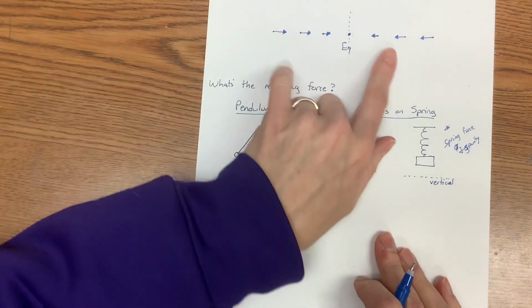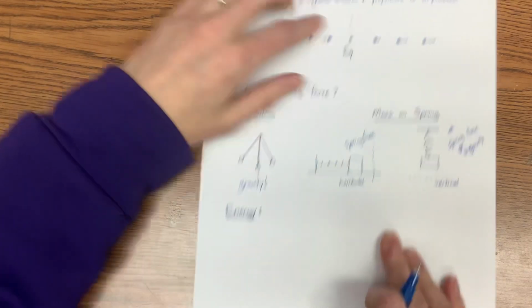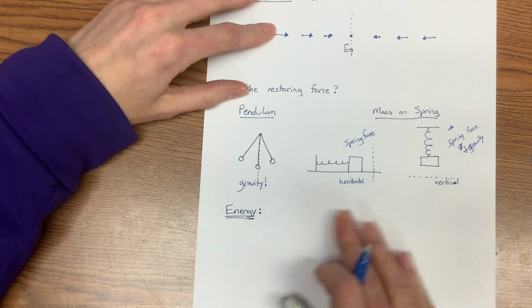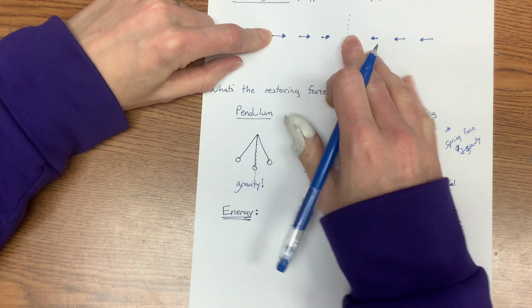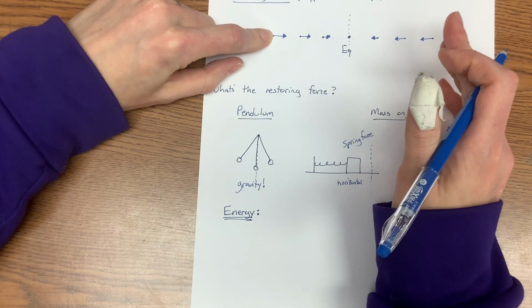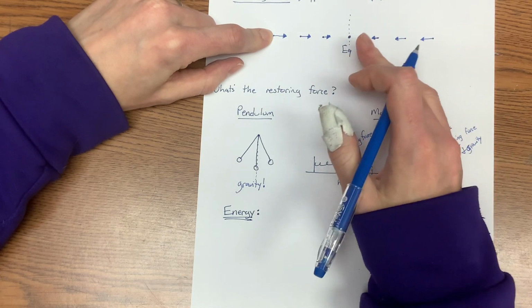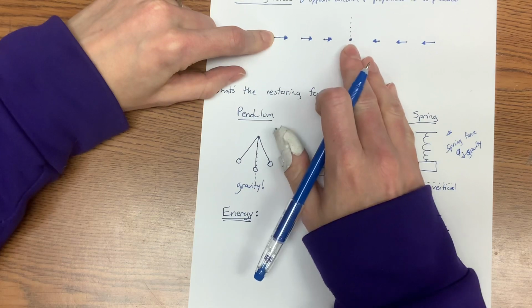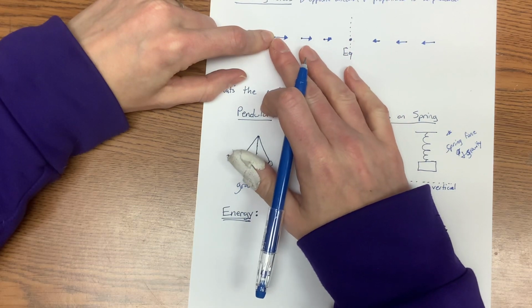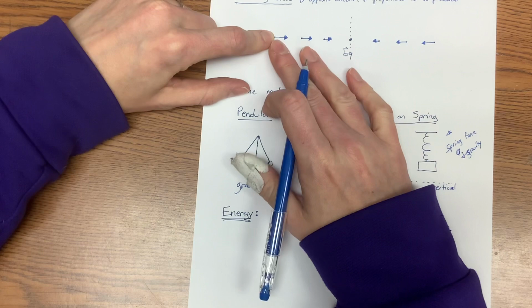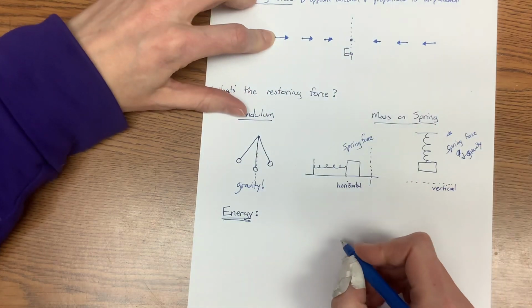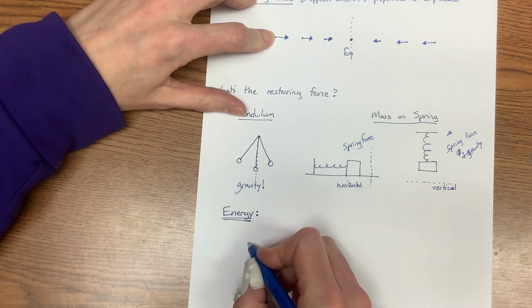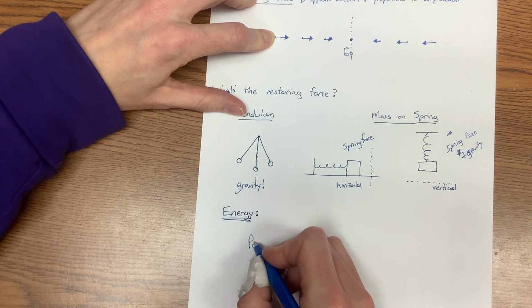So let's think about what happens and use this simplified problem up here to look at the energy. As I pull this thing away, there's a force pushing it back. This is not the best analogy right now, but when I pull something up off of the ground, gravity really wants it to fall back down. So it has potential energy when I pull it away, and gravity pulls it back down. So as I pull it away, it gets potential energy.